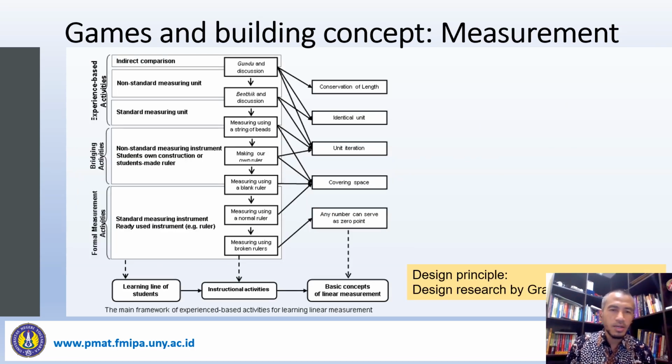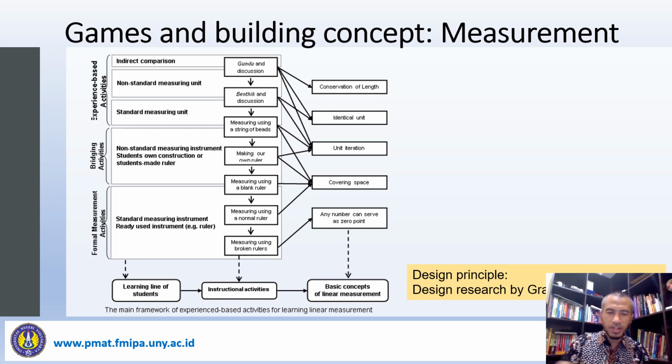Let's start from the first example. This example is from elementary school level, that is grade 2 or about 8 years old. I and my colleague use design research by Gravemeijer and Cobb as the design principle for using games as the media to learn mathematics.